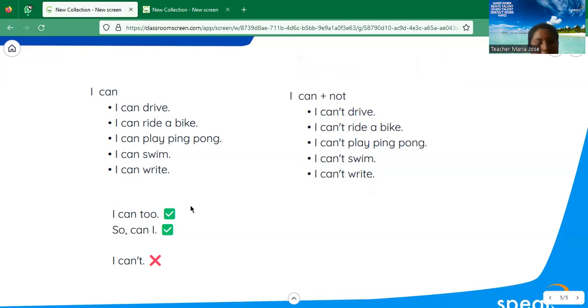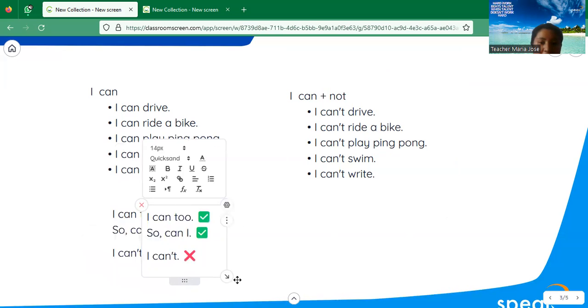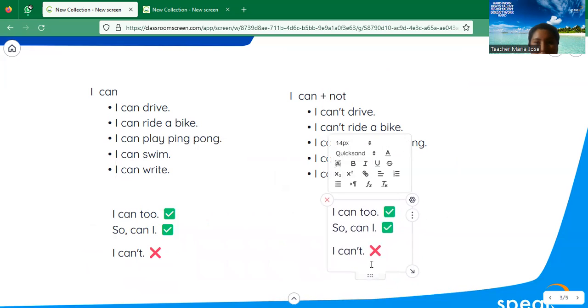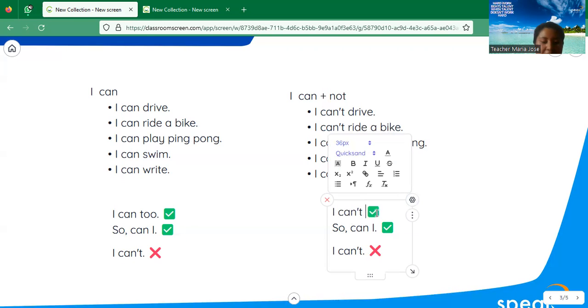And in this case, if I want to change the answers, because now I agree, but with the negative, not with the affirmative. So how can I say this? I can't either. Very nice.